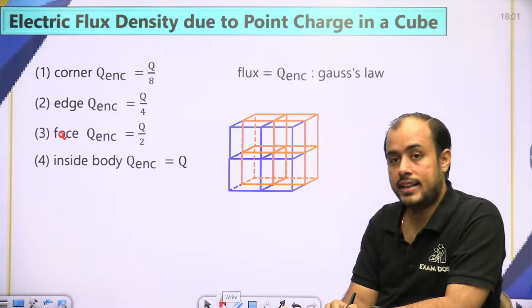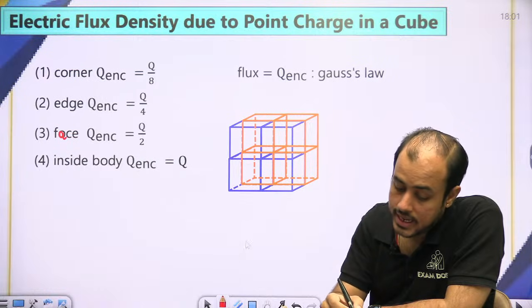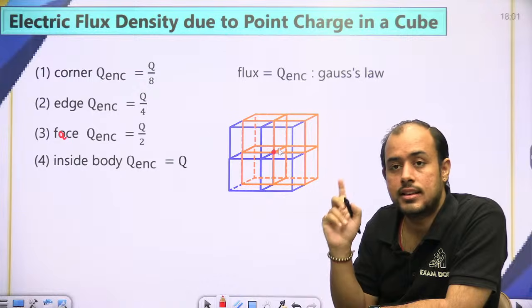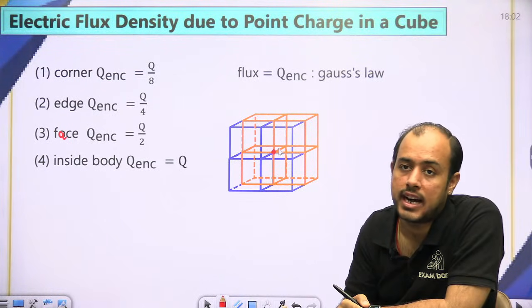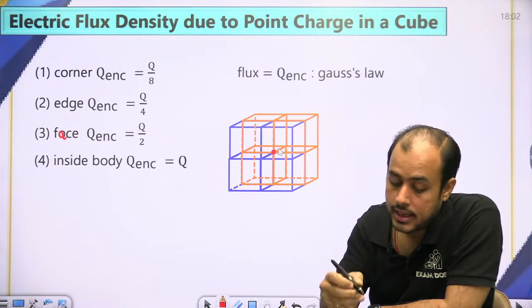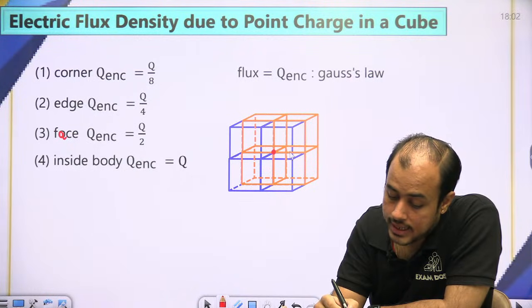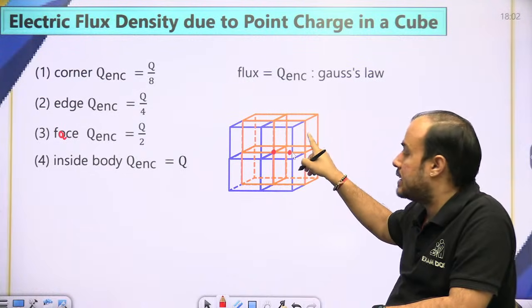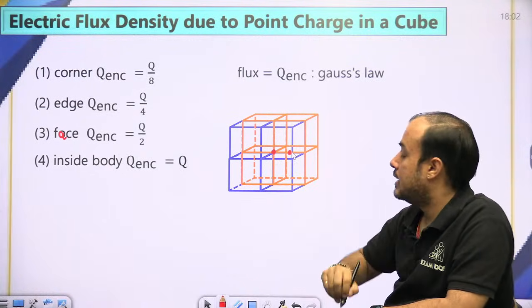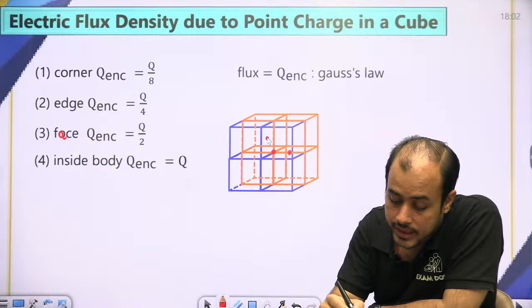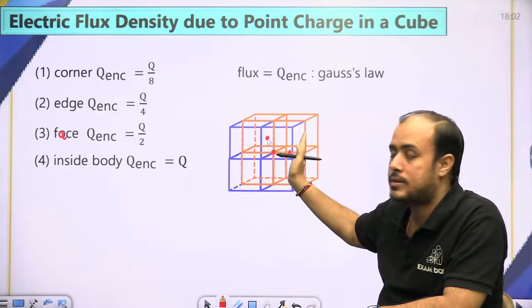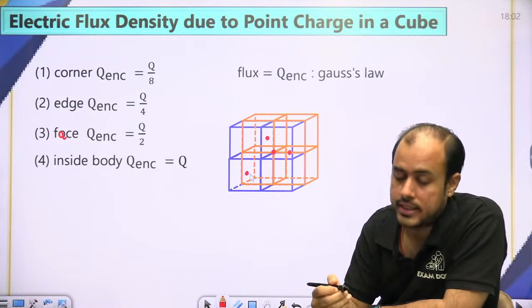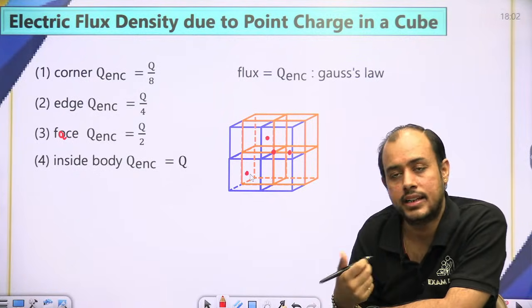Now these are 8 cubes beta. So a charge lying at a corner is shared by 8 cubes. So inside one cube, how much charge will be there? Q by 8. If a charge lies on the edge, it is shared by 4 cubes, the lower 2 and the upper 2. So Q by 4. If a charge lies at a face, it is shared by 2 cubes, left and right. But if the charge lies inside a cube, it is not shared by anybody, it is Q.